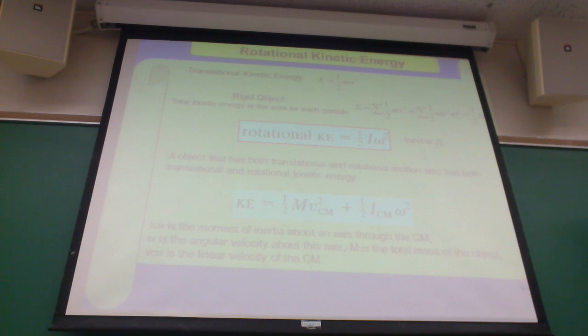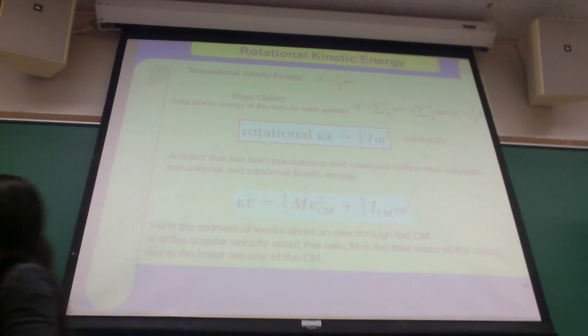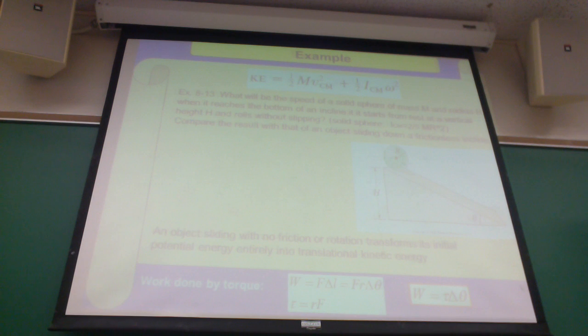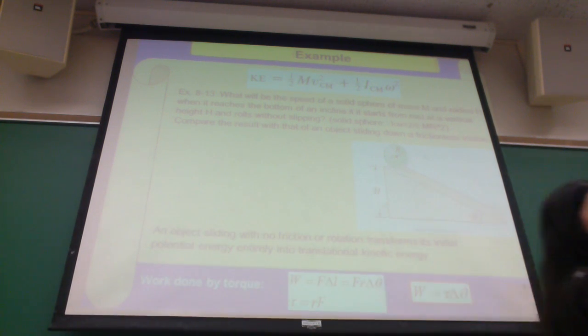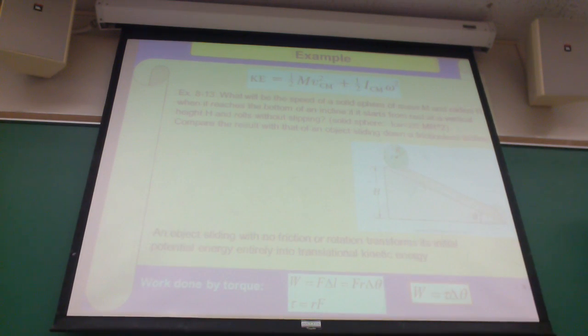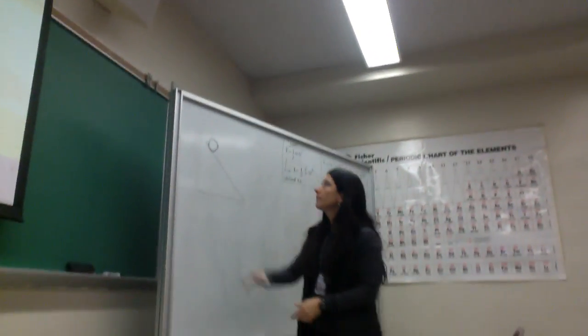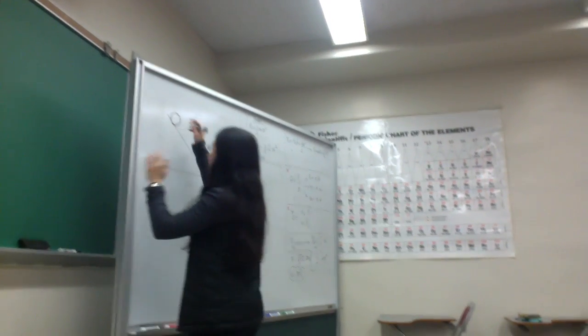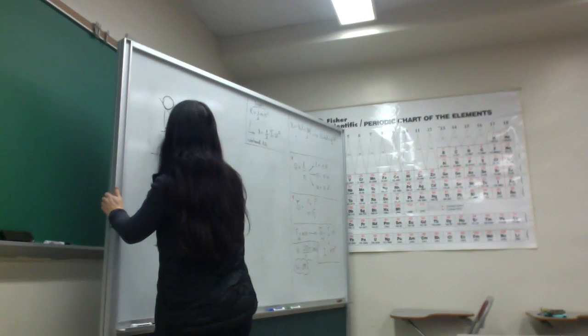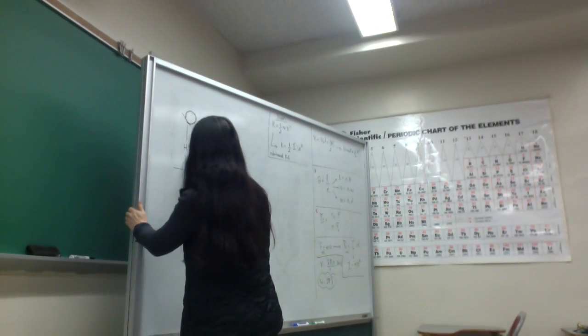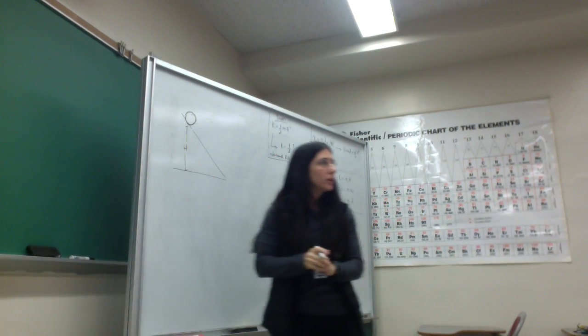So let's try to solve a problem very similar to what we had in chapter 6, but involving now both. What is the problem? Again, we start with an incline. And here I have a sphere. The sphere initially is at rest, high up, at this height, big H. So this problem is always simple, there are no numbers.